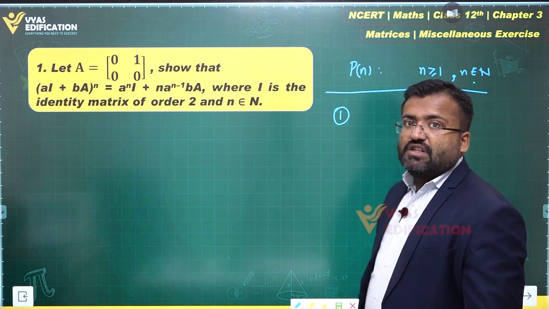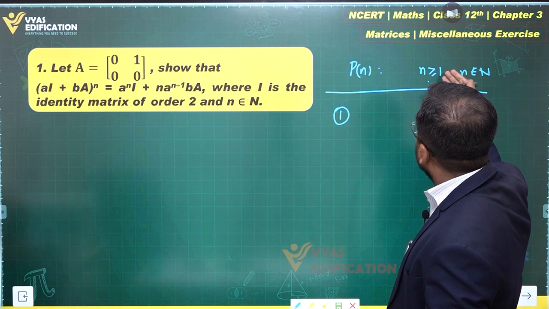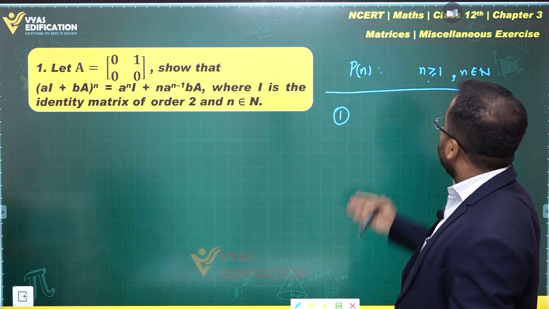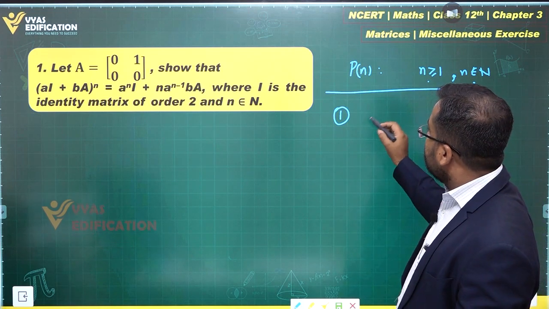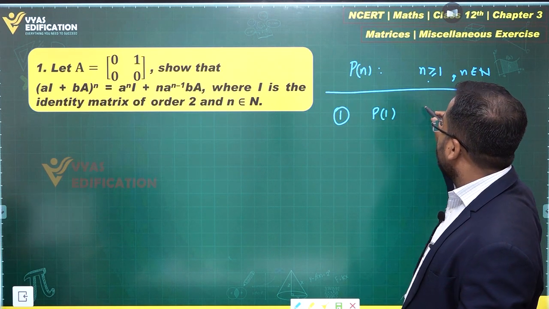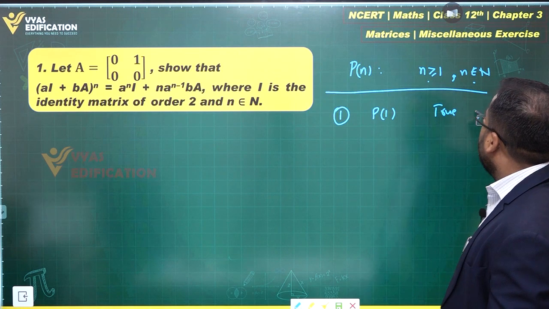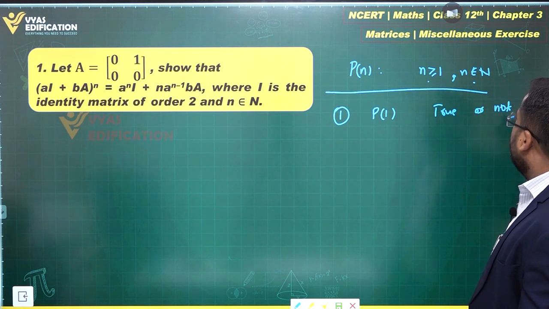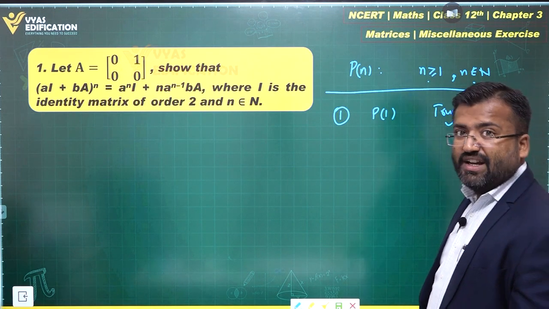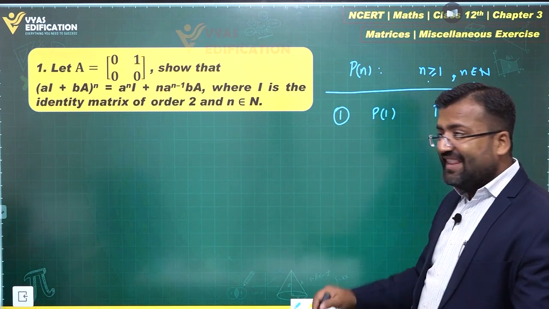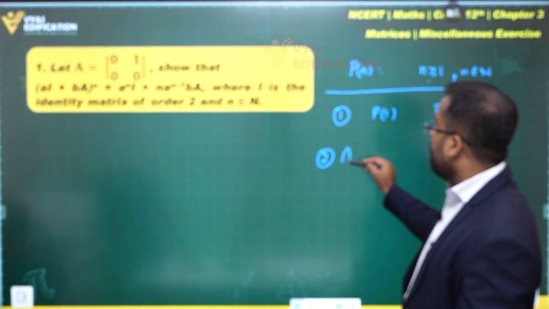This number could have started from, let us say, 4, 5, 6 also. So in case the lowest value is 1 over here, in the first step, what we'll check is whether P1 is true or not. Since we want to prove this, P1 may come out to be true, right?